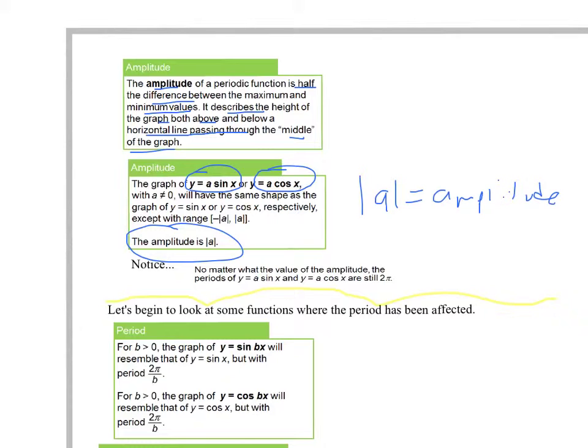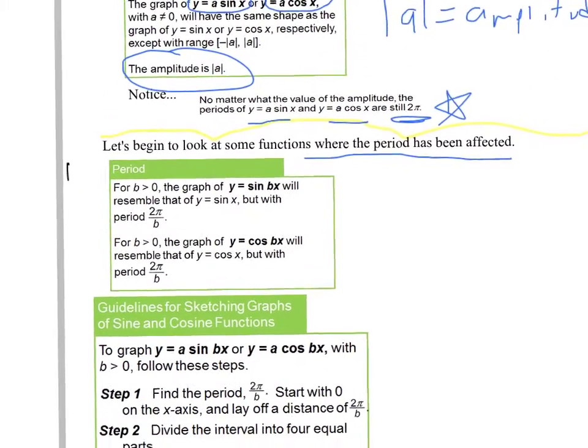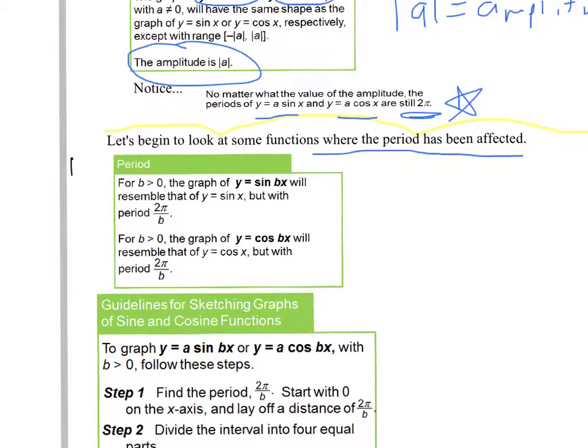No matter what the value of the amplitude is, the period of a sine x and a cos x are still 2 pi. That's good to note. Let's begin to look at some functions where the period has been affected and is no longer 2 pi. Well, we need some general theory before we do that. If you have y equals sine beta x or sine bx, the period is 2 pi over b.